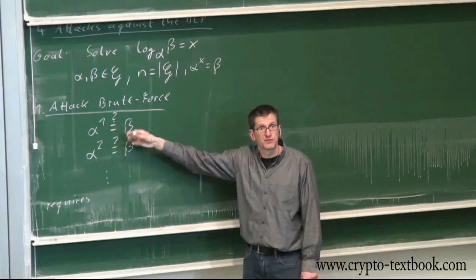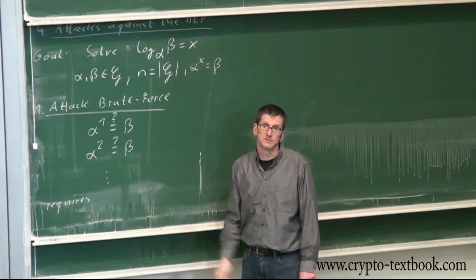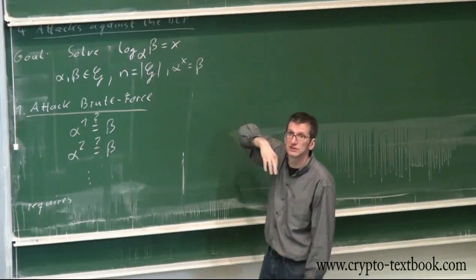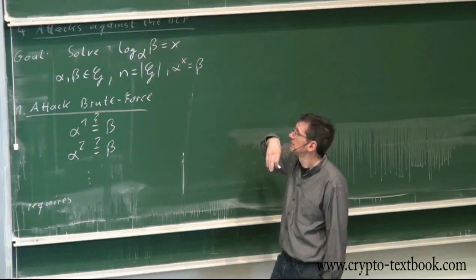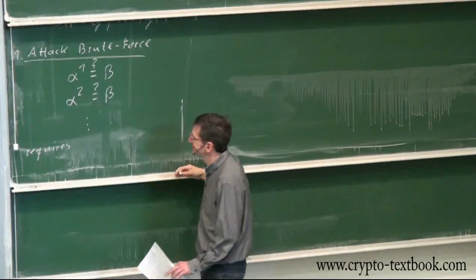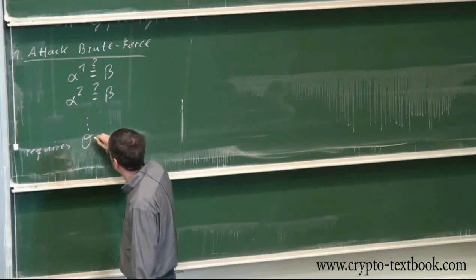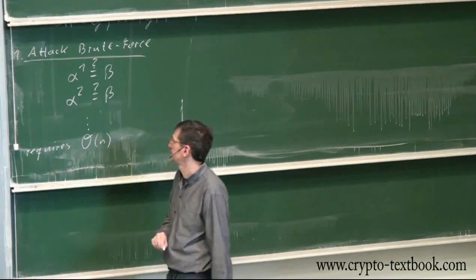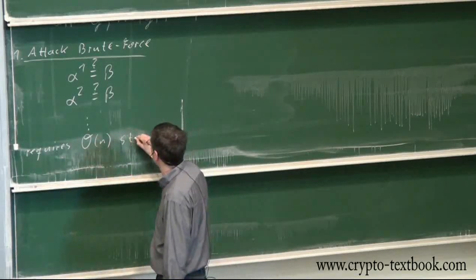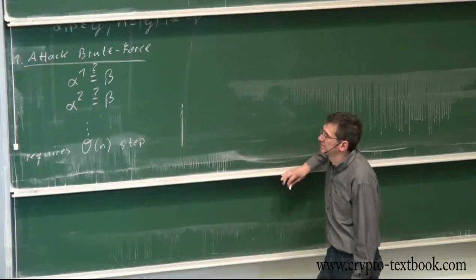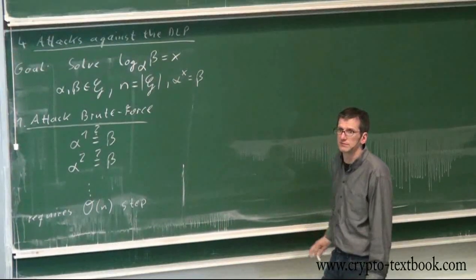How many steps do I have to perform in the worst case here? What's the worst thing that can happen with this notation here? N, right? Because there are n elements in the group. So if you're going to get that in discrete mathematics, this is a große O-Notation, big O notation. So the complexity is big O of n steps. Okay?